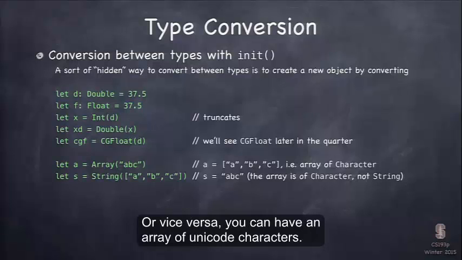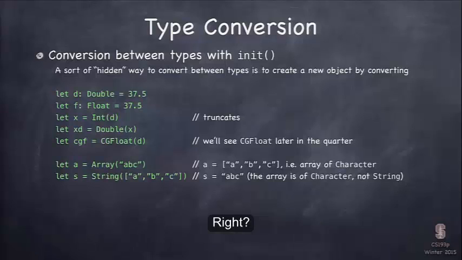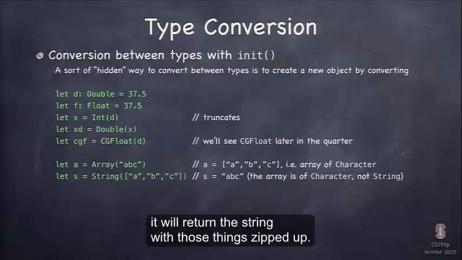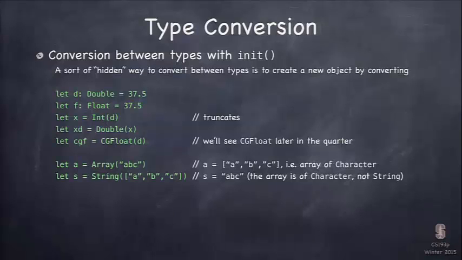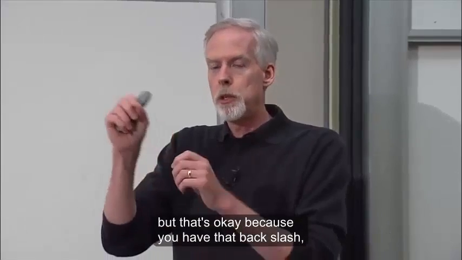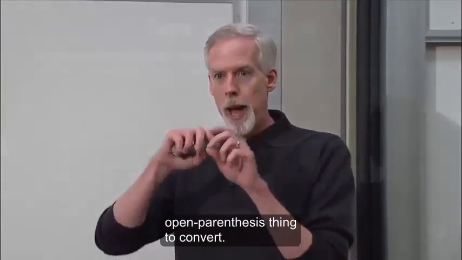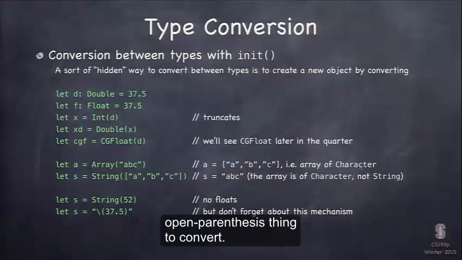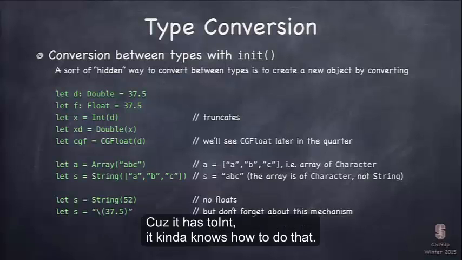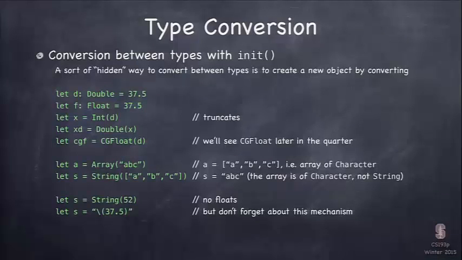Or vice versa, you can have an array of Unicode characters, and you pass that to String's constructor, and it'll return a string with those things zipped up. So there's kind of a hidden thing there. Notice that you can't do String of 52.5, but that's okay because you have that backslash open parentheses thing to convert floats to strings. You can do String of 52, though, because it has toInt. It kind of knows how to do that.